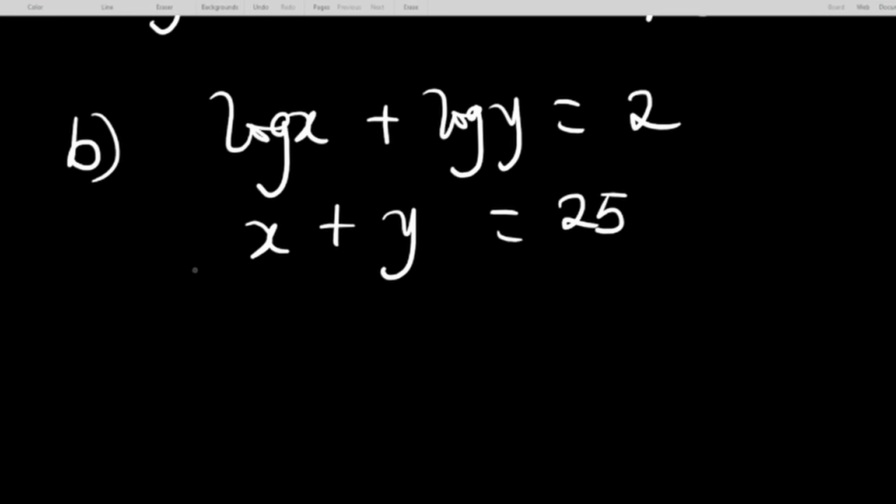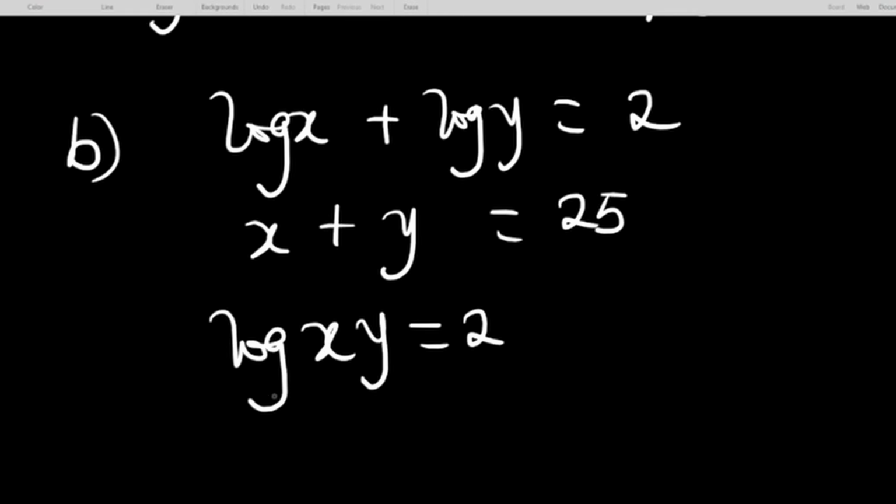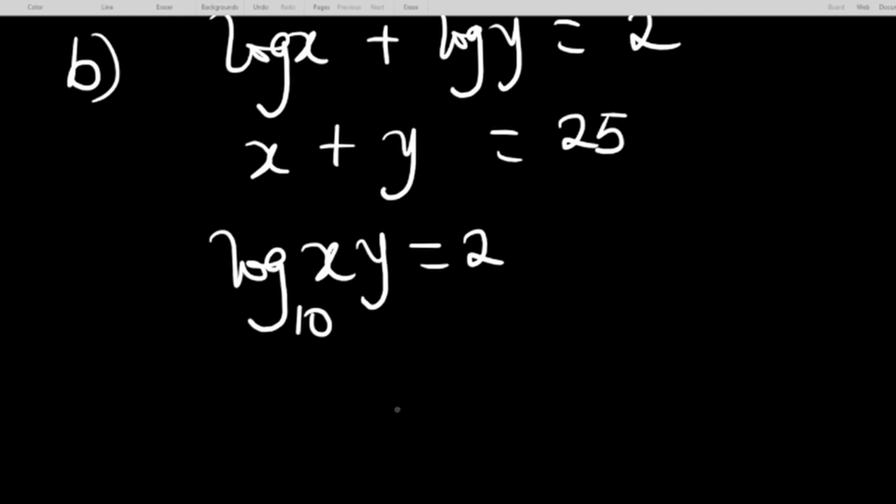Now we apply the laws of logarithm again, and then we have log xy. Remember that they're adding and they share the same base, so we just say log xy is equal to 2. Remember that this is base 10, it is not visible. And when we drop the log, just like the way we did it last time, the 10 goes to the other side.